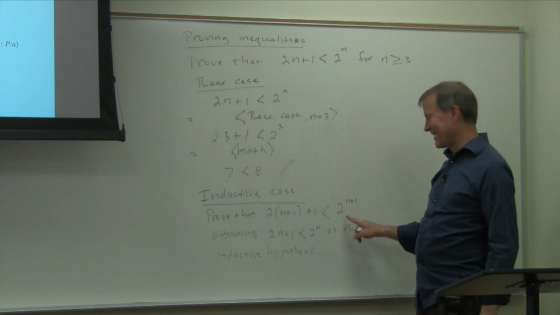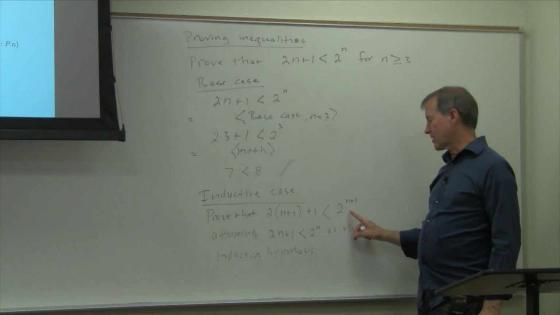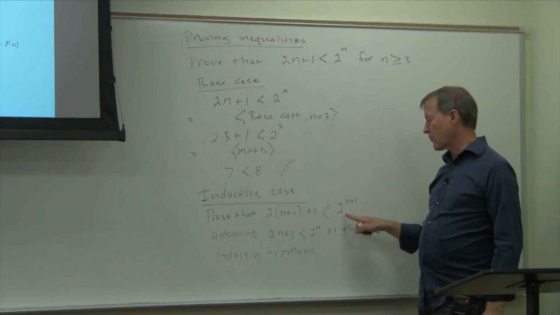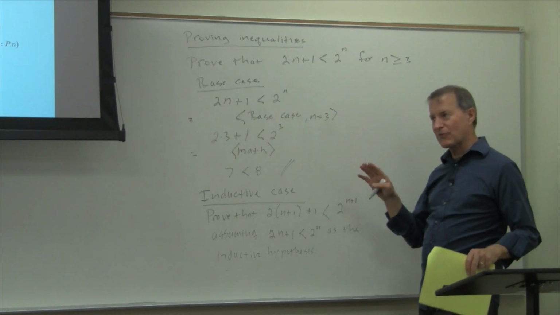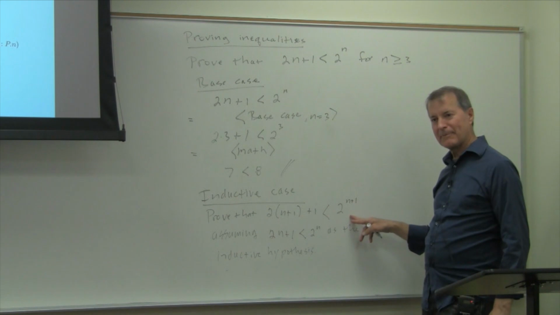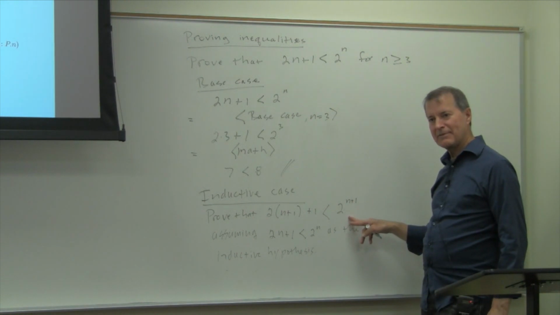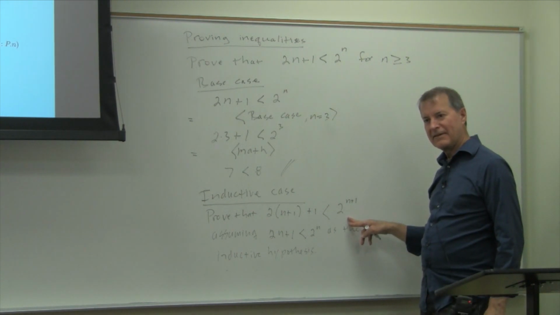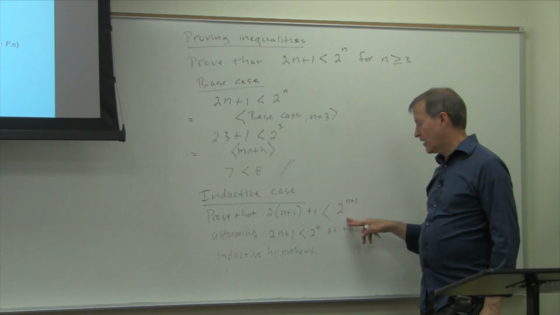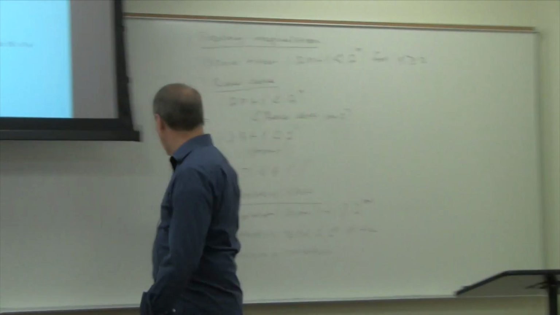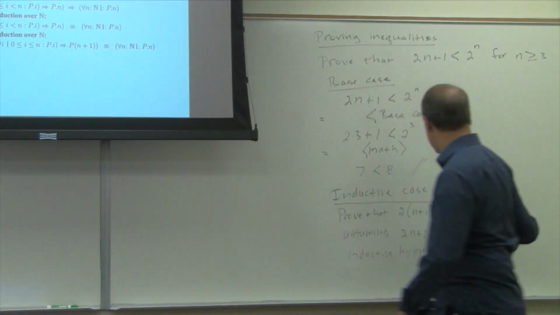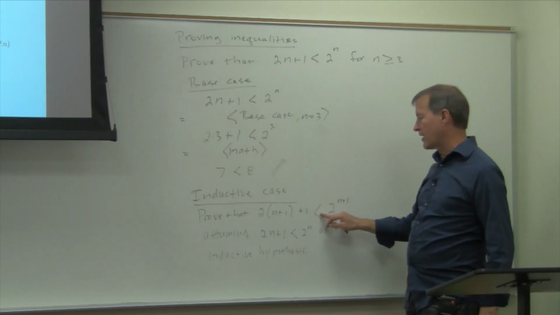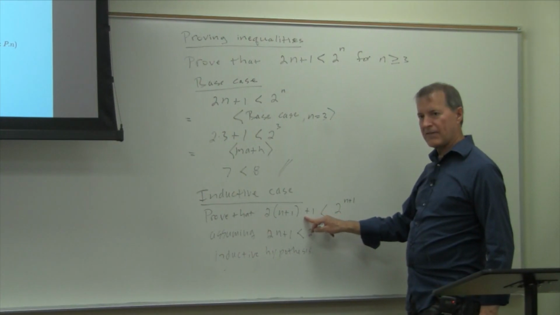If we start with this side, we can sort of split off a term here. Do you see what I mean? You can technically do that with the other side too. Well, yeah, but I think it would be harder. So let's start with the right side and get it to be greater than the left side.